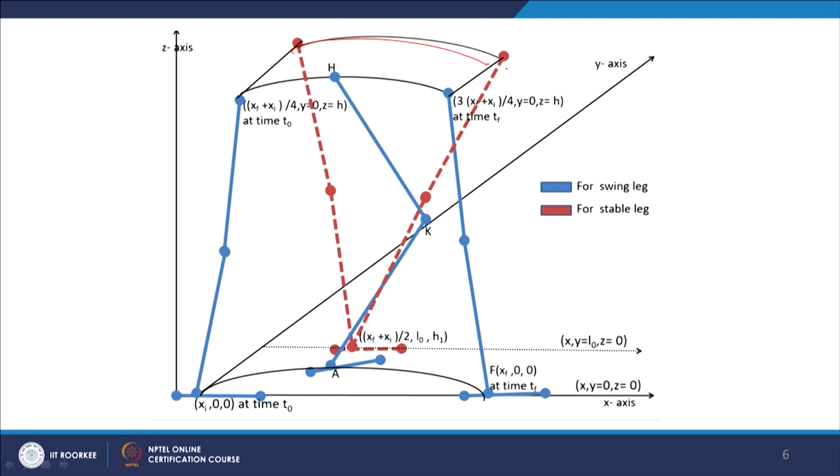So, that is given as the trajectory for the stable leg, and for the swing leg the ankle moves in this trajectory. How to derive the trajectory as a function of time is given by these parameters: initial position of the ankle and the final position of the ankle, initial velocity, final velocity, and the height in the middle of the trajectory.